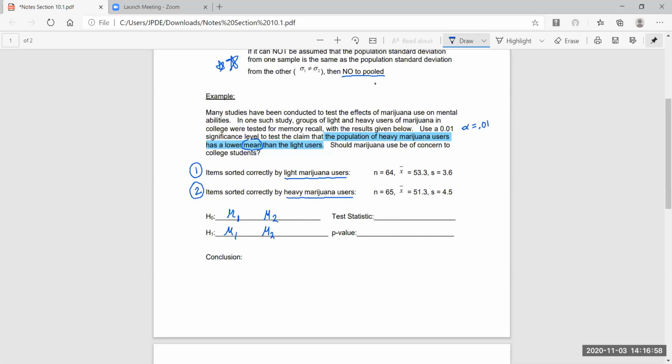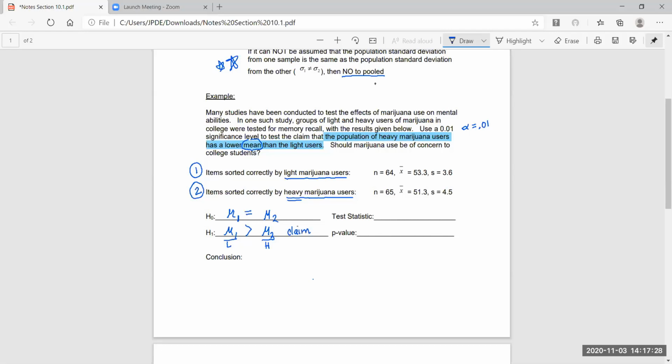They scored lower on this memory recall test. Okay. Our heavy marijuana users are number 2. So right here, these are the heavy marijuana users, and these are the light marijuana users. We're saying that the mean score on that test is lower for the heavy marijuana users. This is our claim.